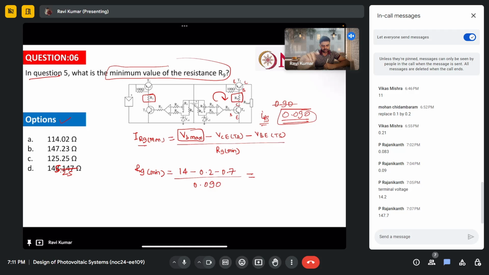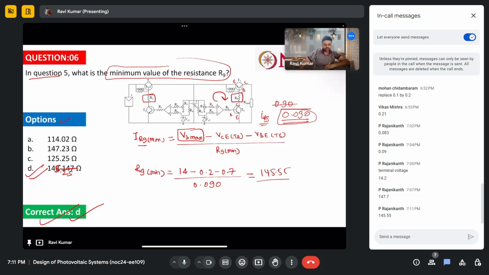How much is it coming? 145.5. So this D is the right answer. You just need to do the circuit completion here only.